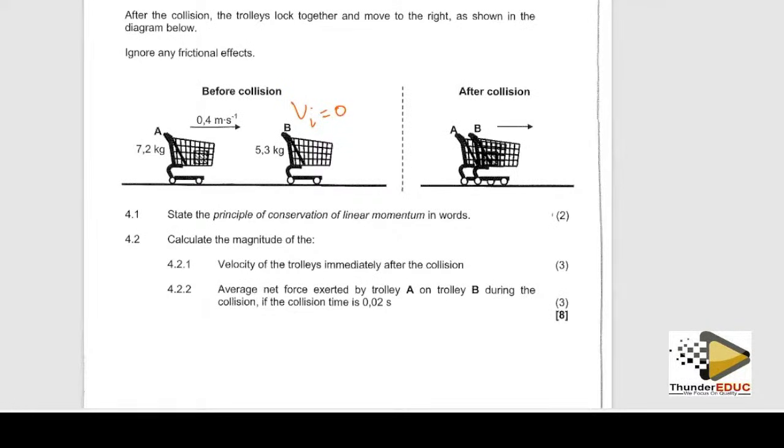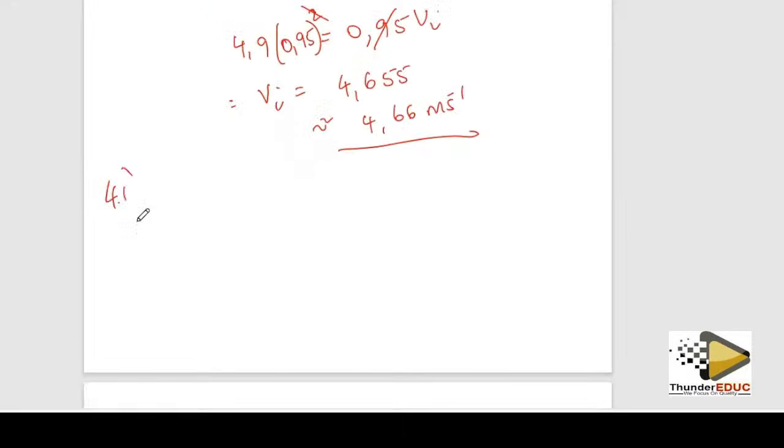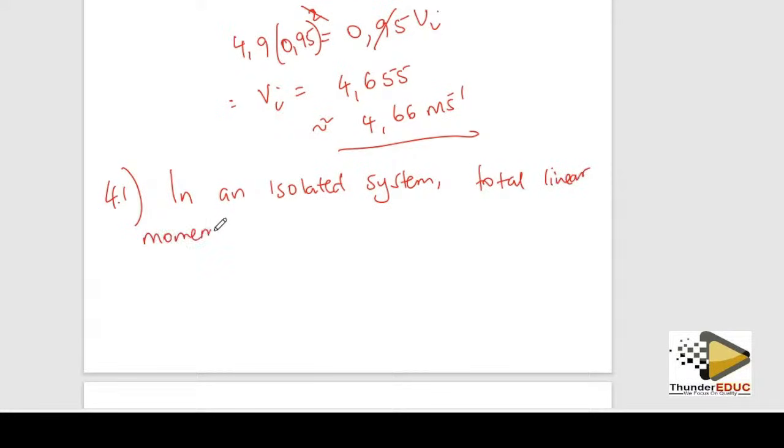So what we know about conservation, we can say that in an isolated system, we can say that the total linear momentum, that is spelling of momentum, is constant.